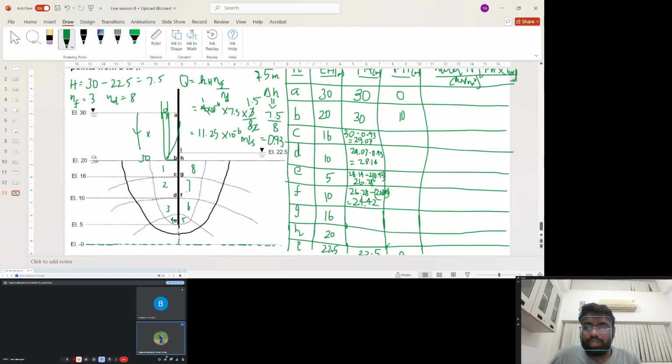Coming to point G, it is one equipotential drop, so 24.42 minus 0.93 comes to 23.49.